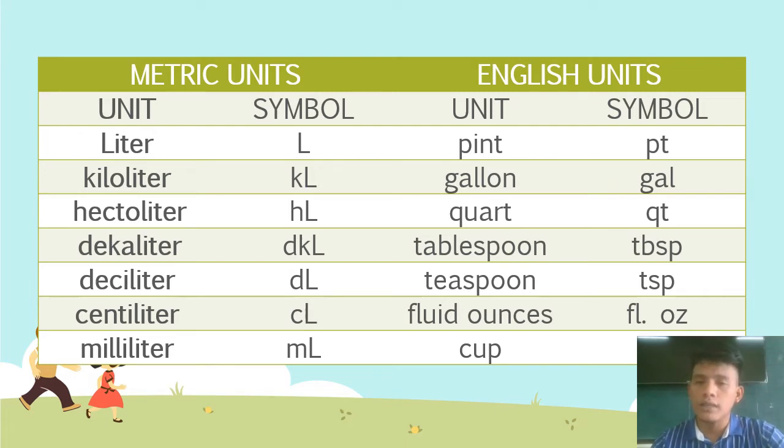English units: pint PT, gallon GAL, quart QT, tablespoon TBSP, teaspoon TSP, fluid ounces FL.OZ, and so on. There are lots of other things we can measure, but those are the most common.